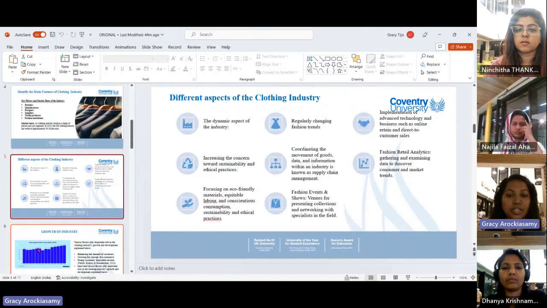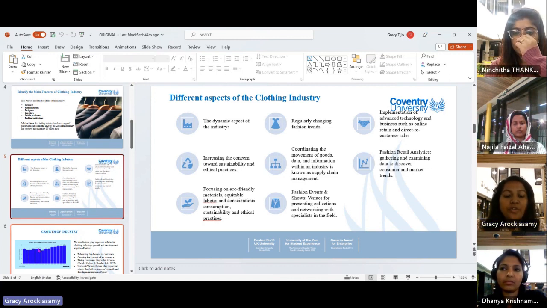Okay, then we can move to the different aspects of the clothing industry. The various aspects include design and manufacturing, distribution, and consumer behavior. The design aspect involves the creative process of conceptualizing clothing items and accessories.